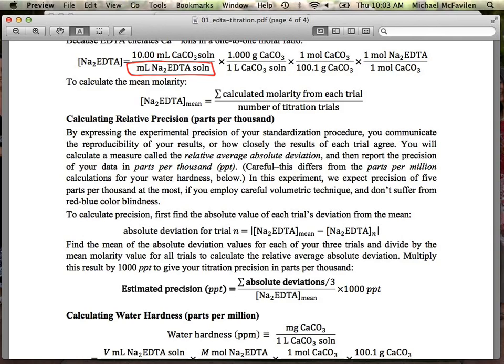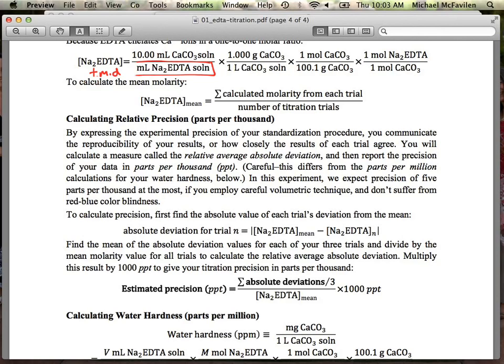Is that a unit or is that a number? That's a number that you got from the tall measuring device. That was the burette, in case you forgot. Okay? That would then allow you to go through and determine the molarity of your EDTA.